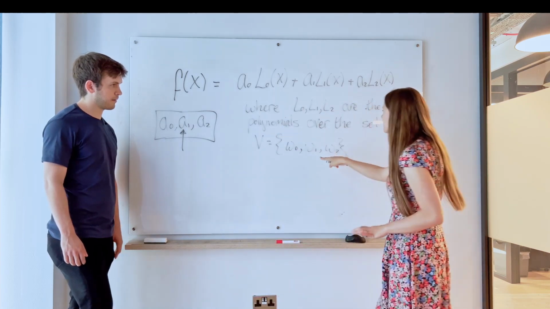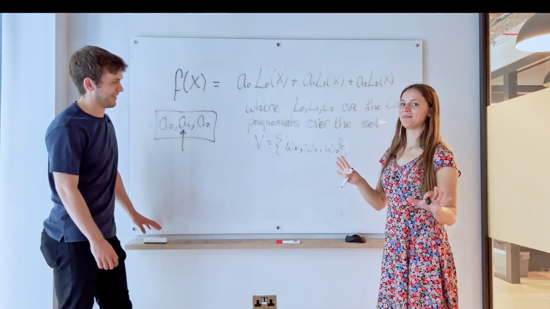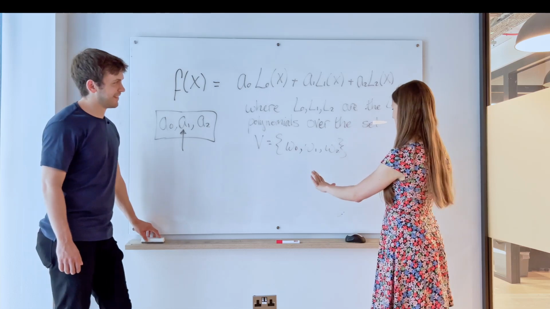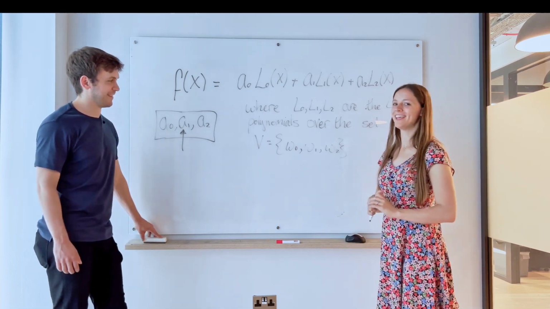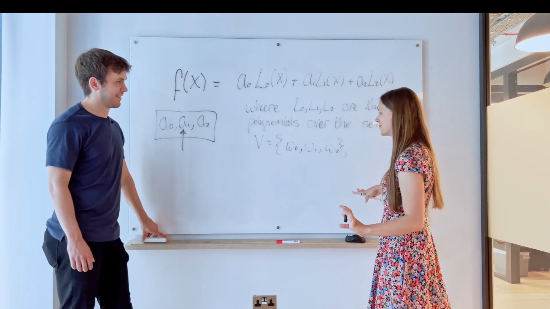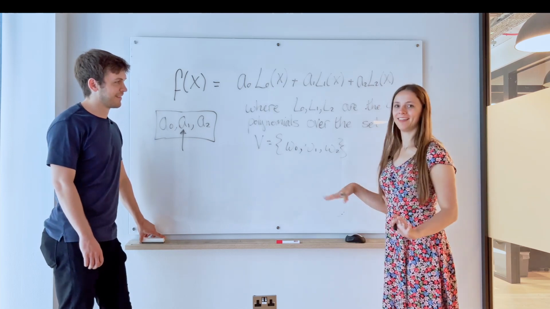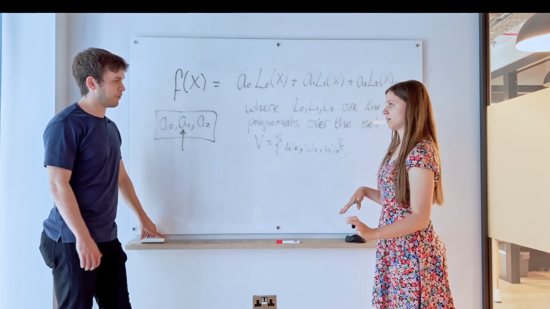I know these look like W's. I will avoid using W's for this section of the talk because they look so much like W's. They're actually omegas. They have nothing to do with the witness. They're completely public. They're usually roots of unity, actually.